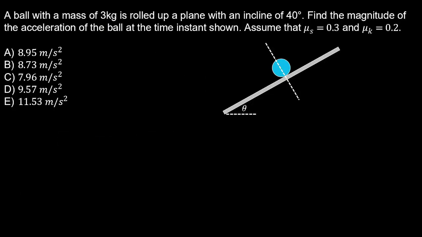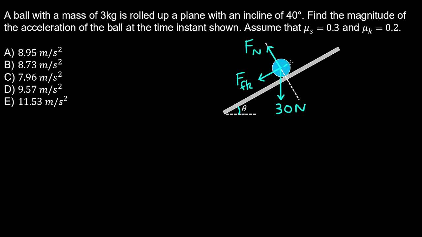A ball with a mass of 3 kilos is rolled up a plane with an incline of 40 degrees. Find the magnitude of the acceleration at the time instant shown, and assume the following values for the static and kinetic friction coefficients. So taking a free body of this ball, we have the gravitational force acting downwards, which is 3 kilos by 10 meters per second squared, and the normal force, and the kinetic friction force acts to the left, parallel to the plane.